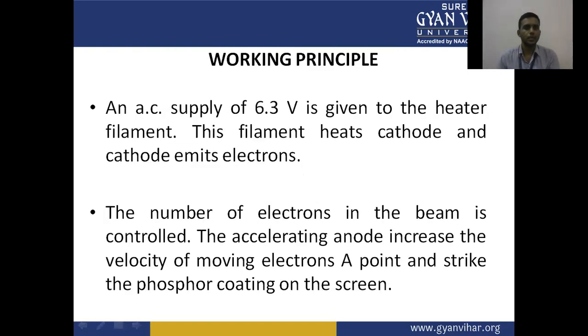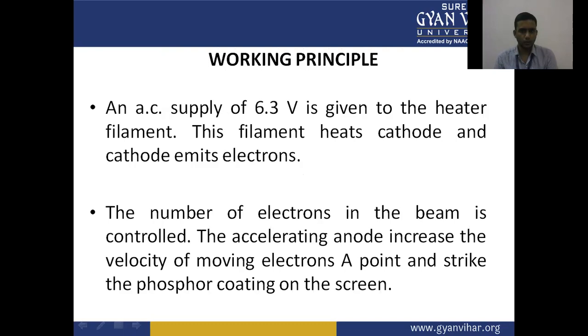Working principle. An AC supply of 6.3 volts is given to the heater filament. This filament heats the cathode, and the cathode emits the electrons. Hence we apply 6.3 volts to the heater element. This element, that is the cathode, emits the electron beams.